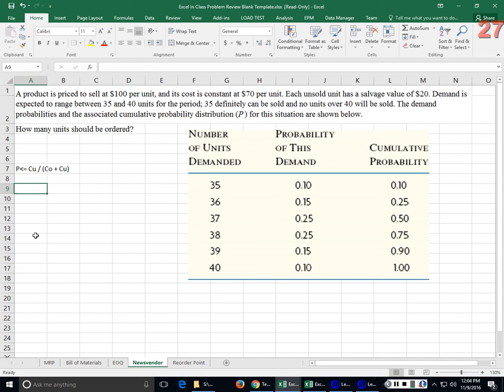If you remember, the cost of underselling is basically lost profit. I guess it's not underselling, it's understocking. Not having enough is your lost profit. And your cost of overstocking is basically equal to the cost of buying or making minus any salvage value.